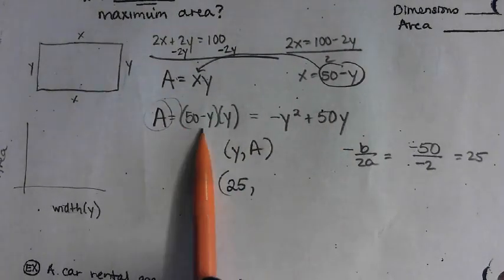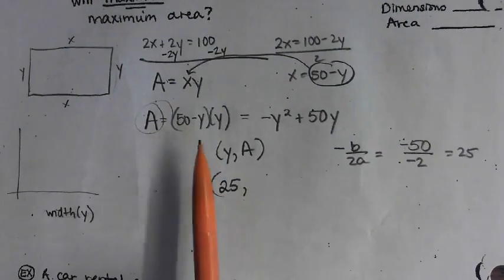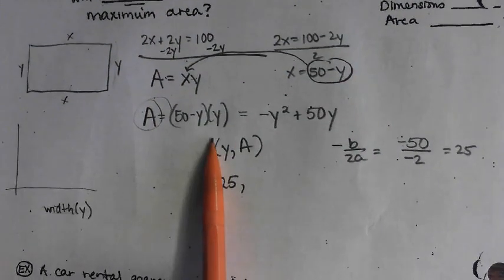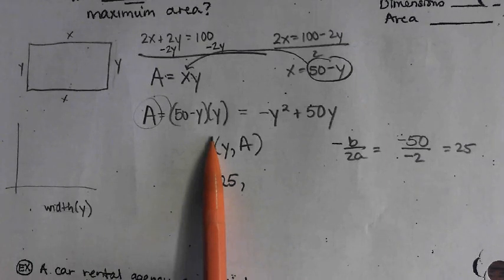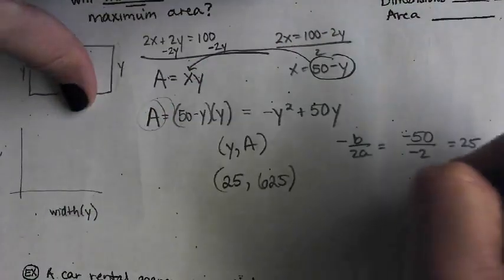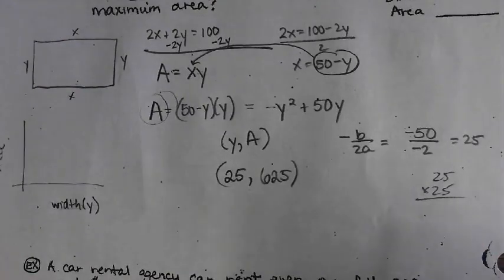I would go back here, because if you know y is 25, 50 minus 25 is 25 times 25. 25 times 25 is 625, I believe. And if you don't know that, it doesn't hurt you too much to have to go and do long multiplication.